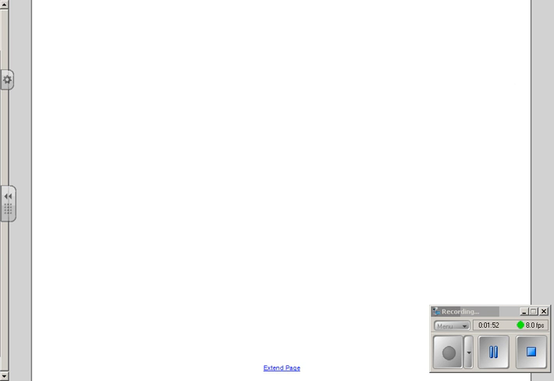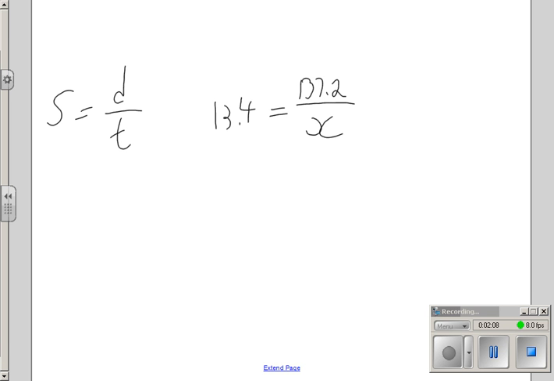So distance over time equals speed. That is my formula, so I substitute what I know. Speed is 13.4, my distance is 137.2 meters, and my time is unknown.